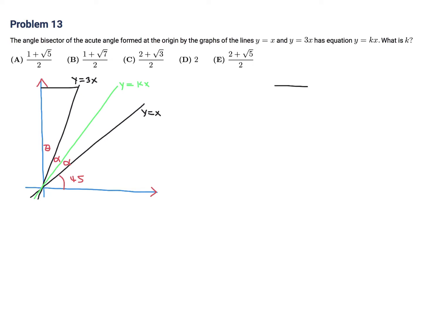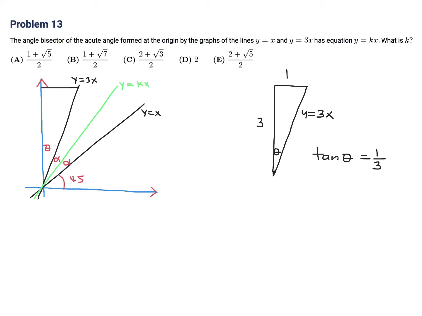Now, that triangle, we know for sure, has a ratio of 3 to 1 because it's formed by the line y equals 3x. And I had labeled this angle theta. So that means that tan theta is equal to 1 over 3. Right? Nothing fancy so far, just basics.